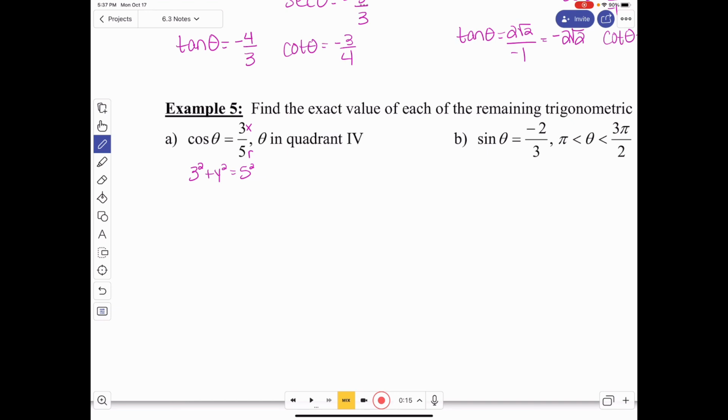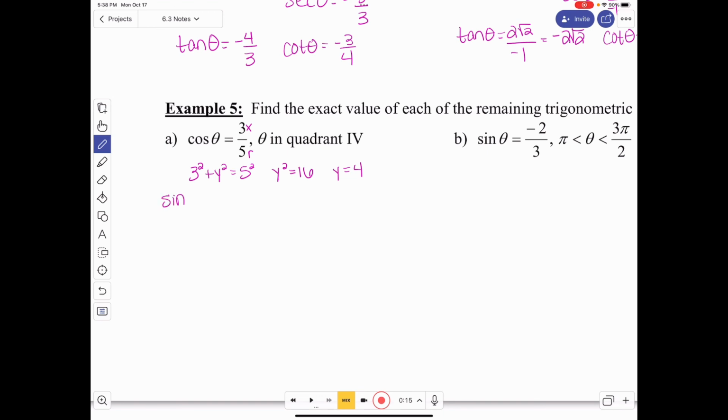So if I do 5 squared minus 3 squared, that means y squared equals 16. So y is going to be 4. Now, it also tells me that we're in quadrant 4. So the only ones that are going to be positive are cosine and secant.